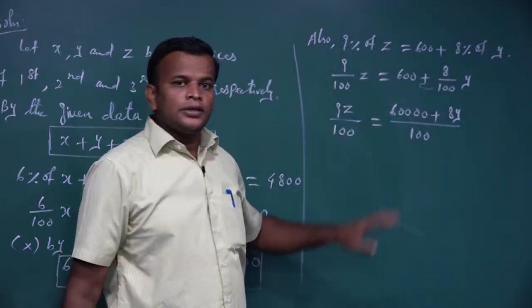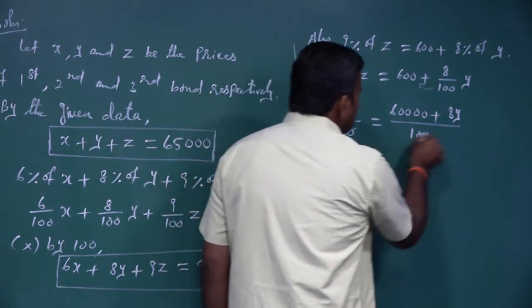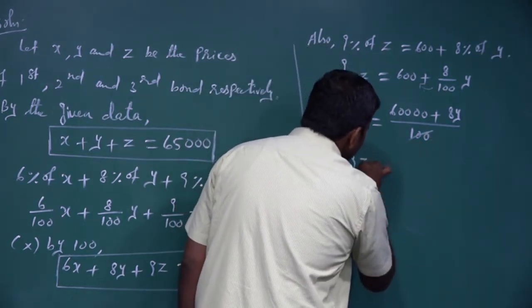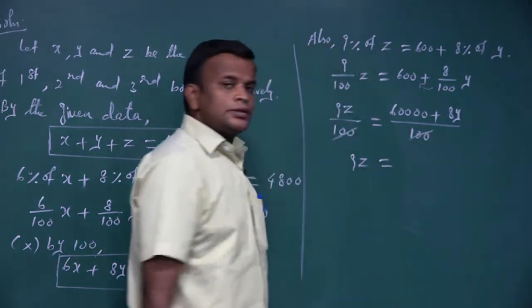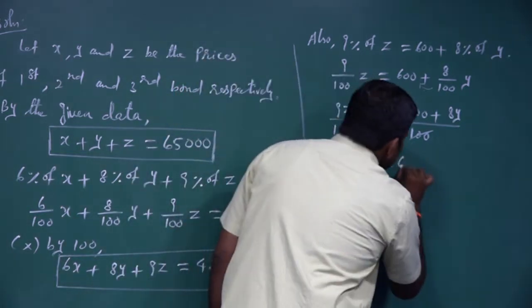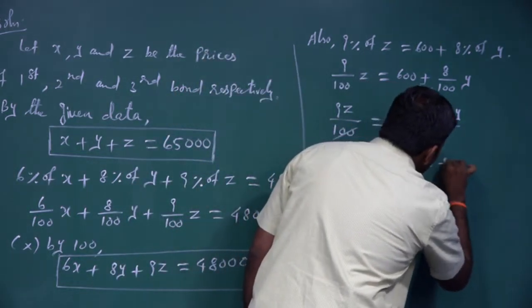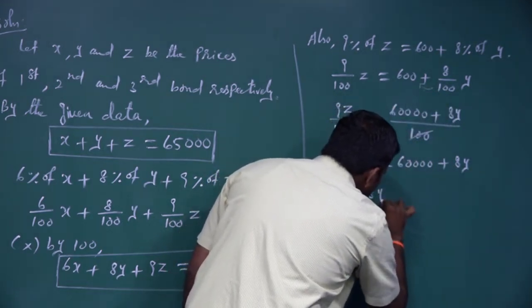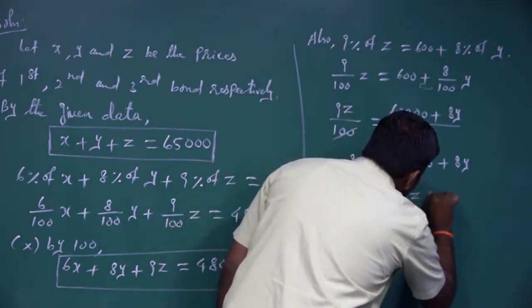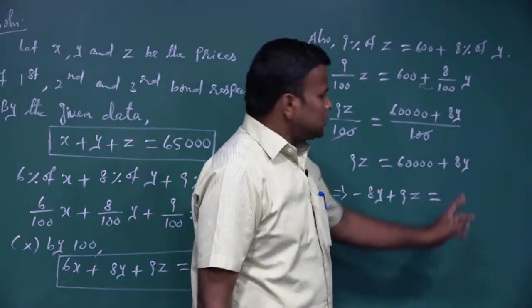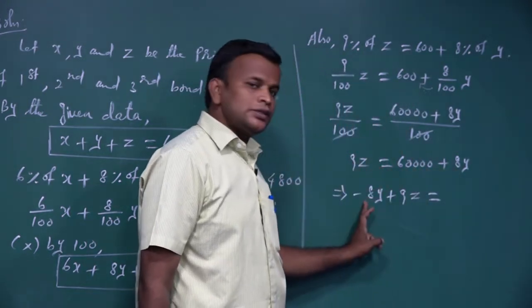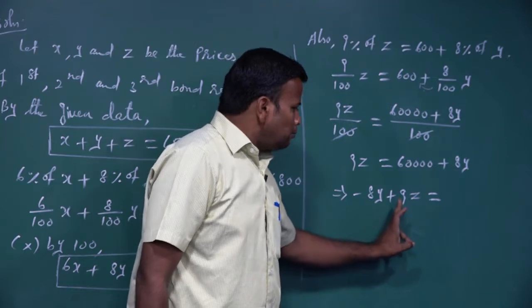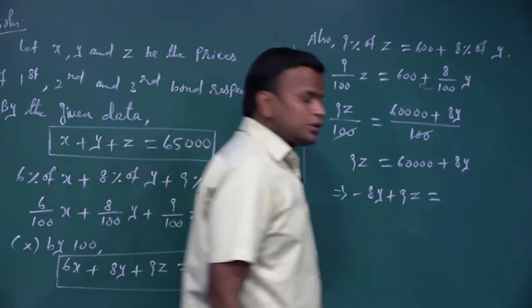Cancelling this 100, 9Z is equal to 60,000 plus 8Y. The plus 8Y becomes minus on that side: minus 8Y plus 9Z is equal to 60,000.